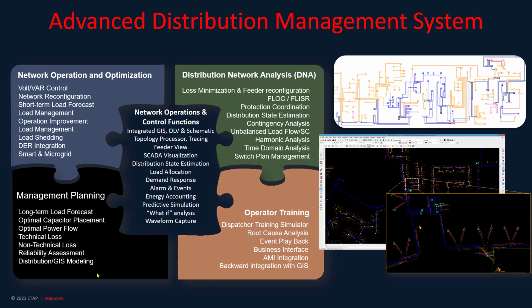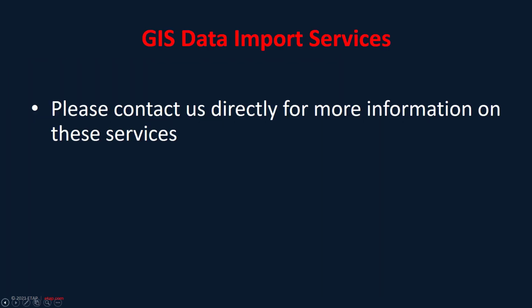You could use it as a business interface, AMI integration, and also backwards integration with GIS. And all of this is put together at the core by the network operation and control functions, right? So the ability of visualizing all of this information, not just in GIS, but also as a logical view.